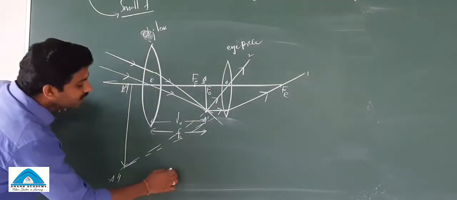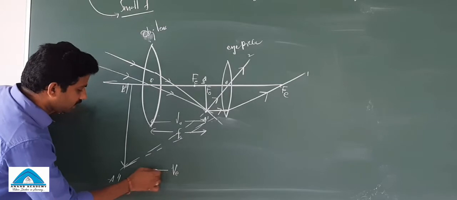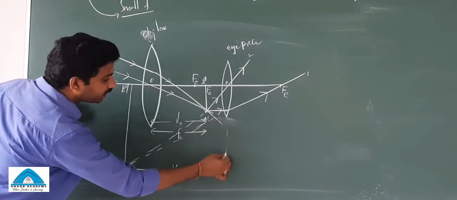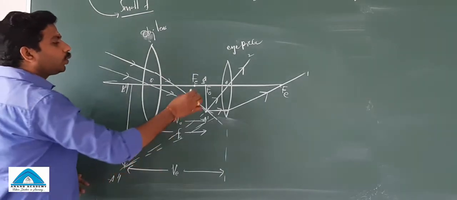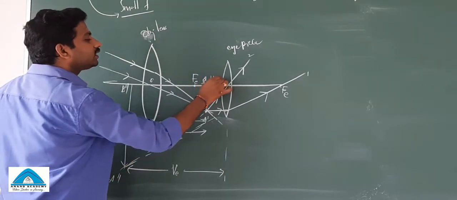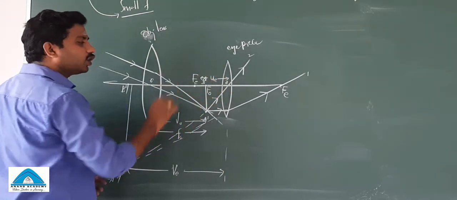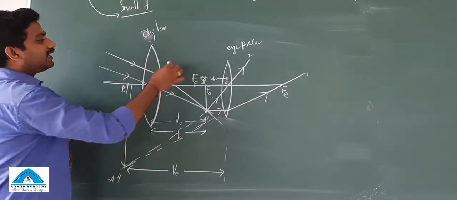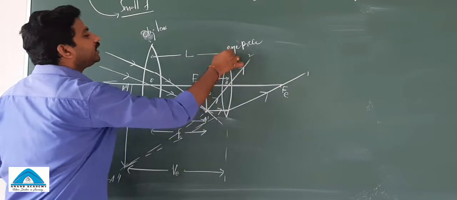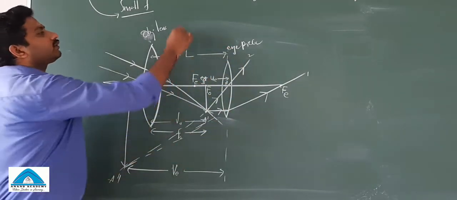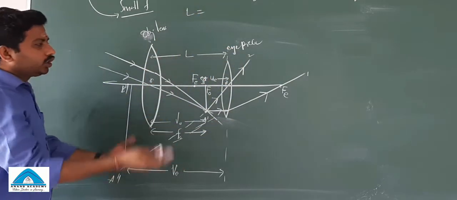So where is the object? The image distance in case of the eyepiece is this one. This is the object in case of the eyepiece. So the length of the astronomical telescope, how can I write L is equal to, you tell me.